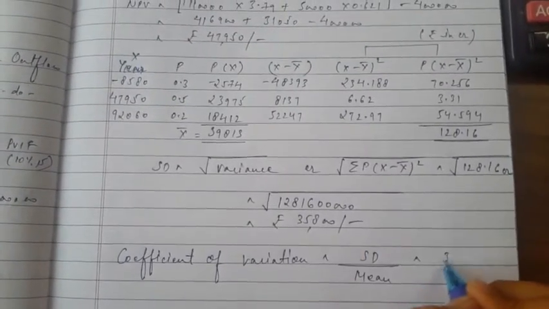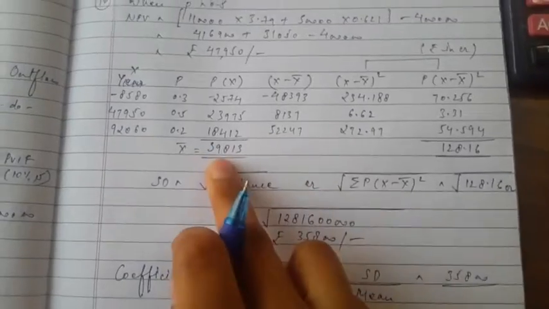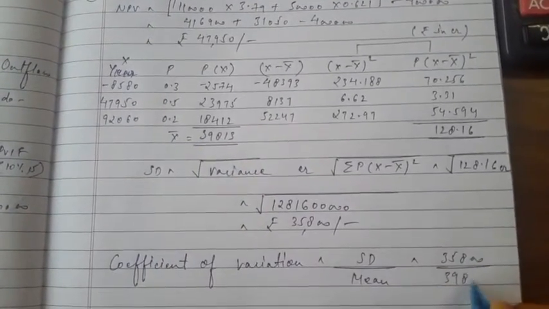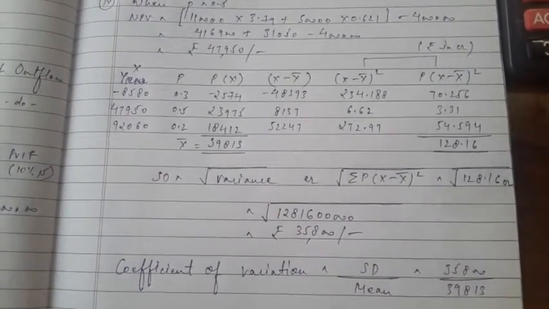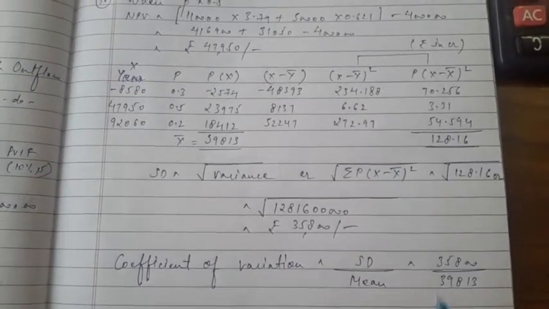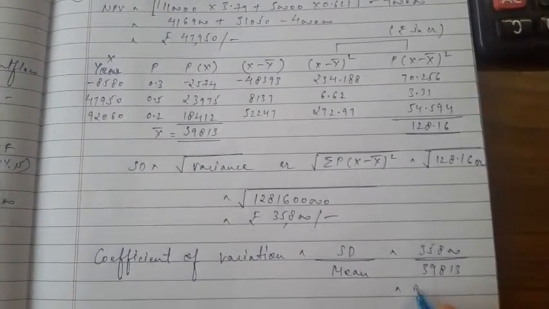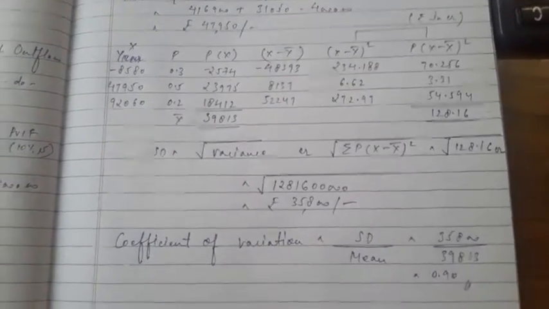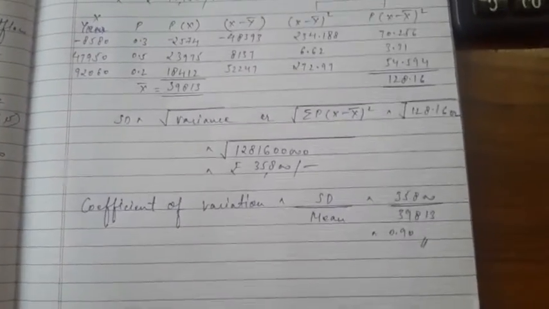SD we have computed, it's 35800, and the mean is 39813. So it's coming 0.90.